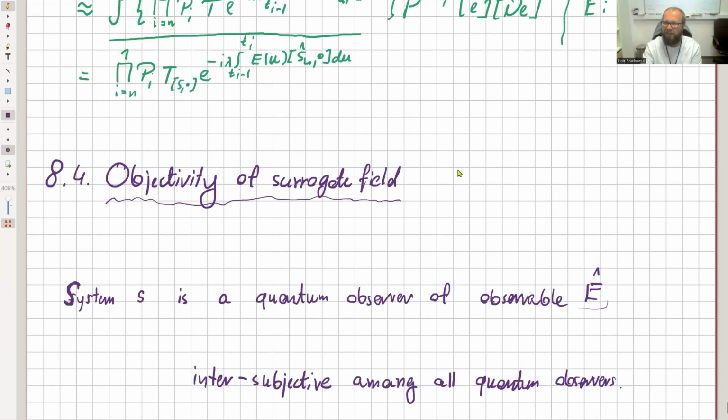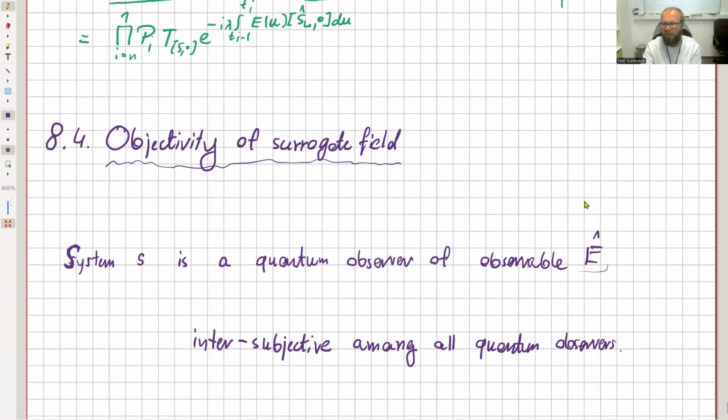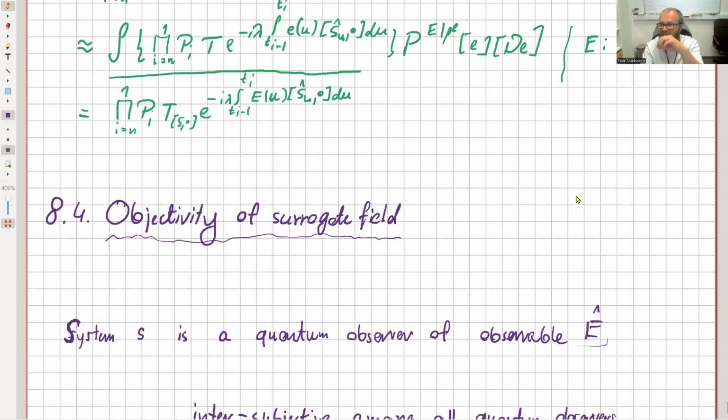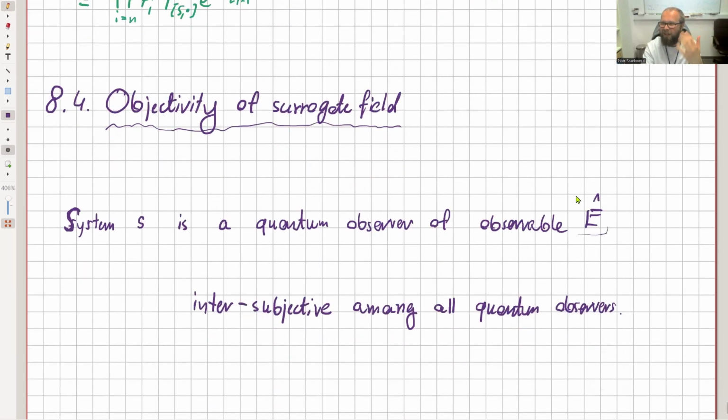So what will happen if I actually try to measure this E as a classical observer? Will it appear to me as trajectories, or will there be some kind of averaging? Can I say that I will experience, as a classical observer, the same thing as those quantum observers experience when the surrogate field representation is valid?